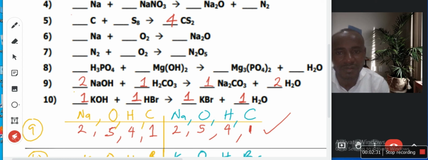With 4 here, sulfur is now 8 on the product side, is it not? On the reactant side, it is already 8 now, isn't that what we said? Then on the product side, it's also 8.